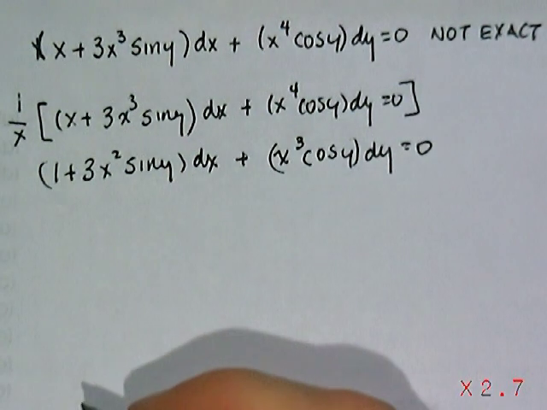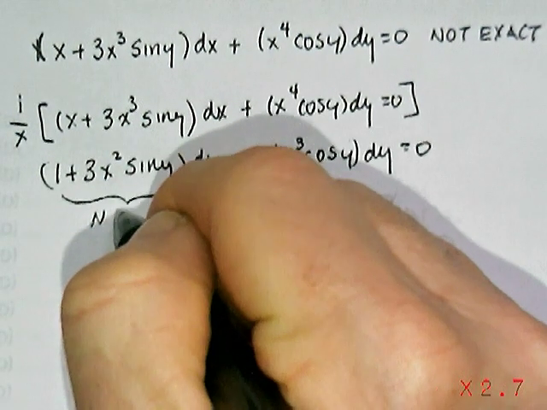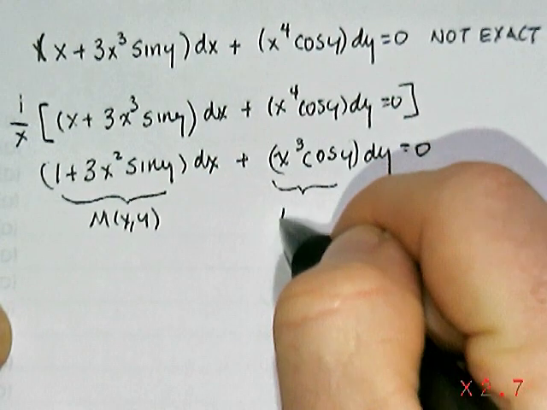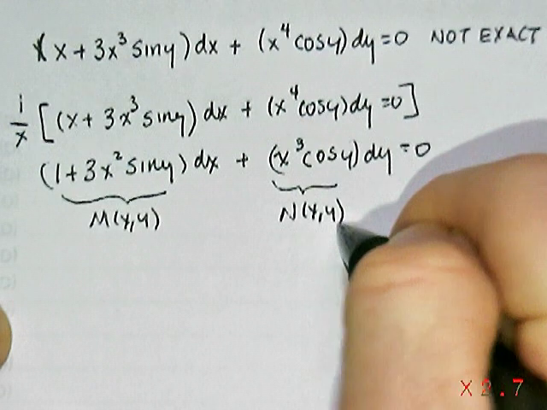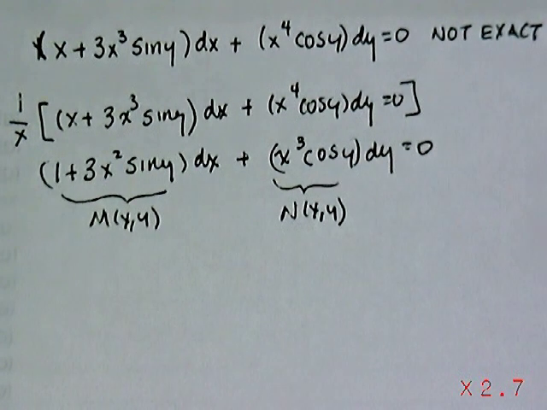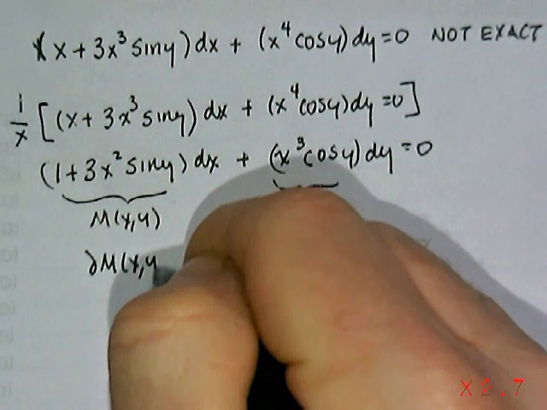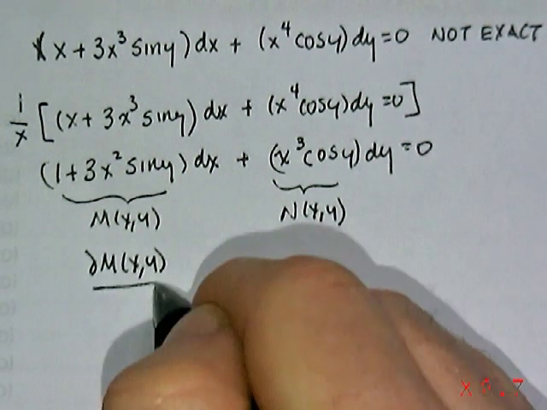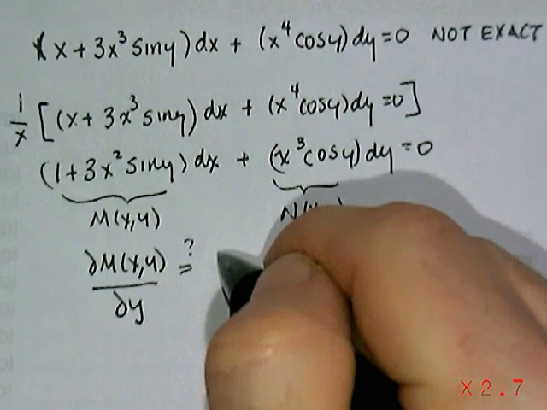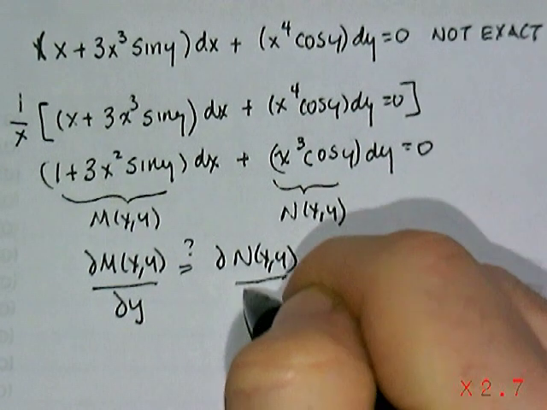So the question is, is this exact? Well, here's our new M of x, y to test, and this is our new form for N of x, y. To test exactness, remember there's two partials that we want to see if they're equal. You want to see if the partial of the M function with respect to y would be the same as the partial of N of x, y with respect to x.